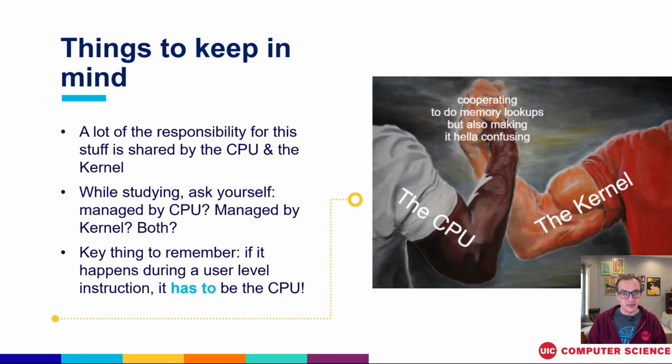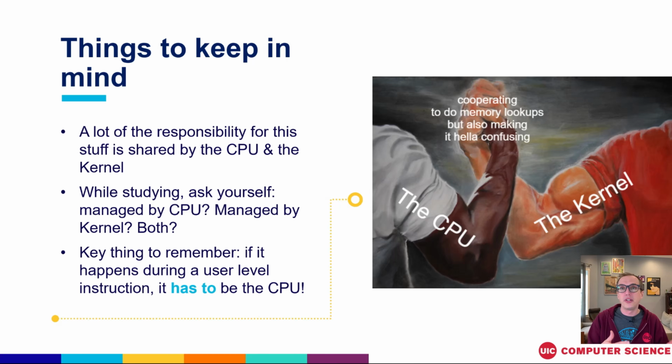The operating system is going to be in charge of setting up the page table entries that the MMU uses to do this translation. So sometimes this is going to be done by the CPU, sometimes it's going to be done by the OS. But one really important thing here is that this is an architecture-specific thing. Your operating system needs to know what your CPU is expecting in terms of the format of, say, a page table entry. This is going to be pretty important.